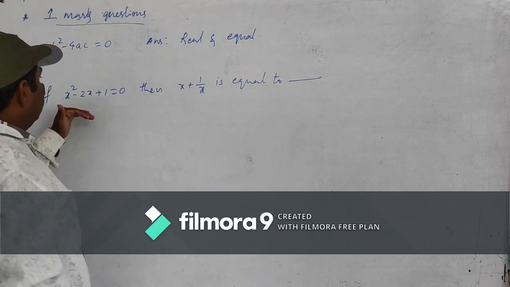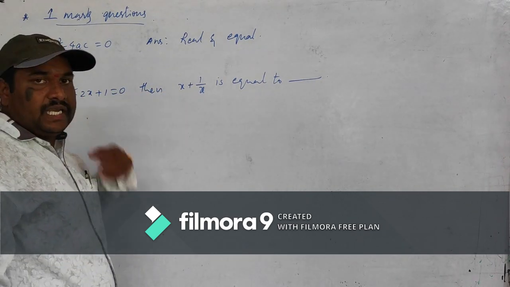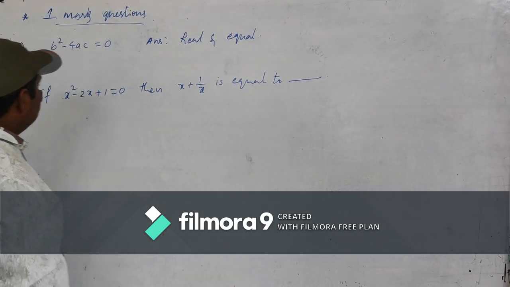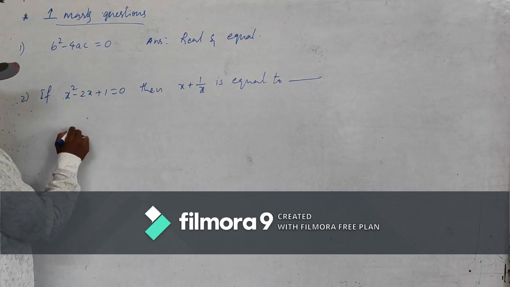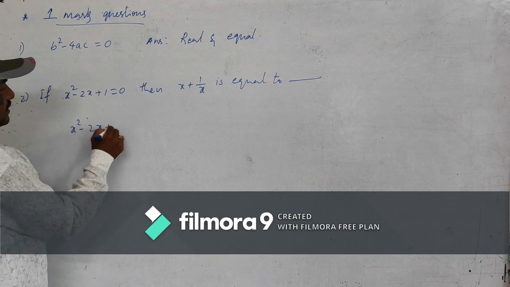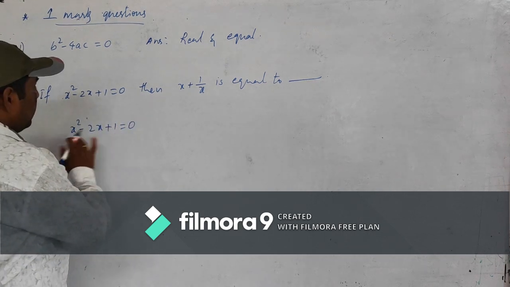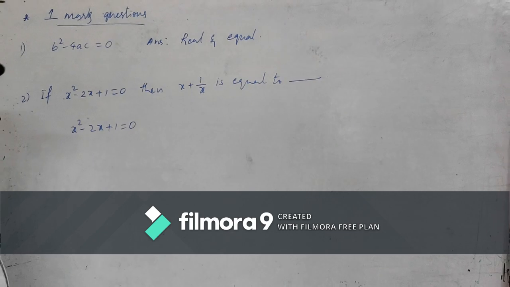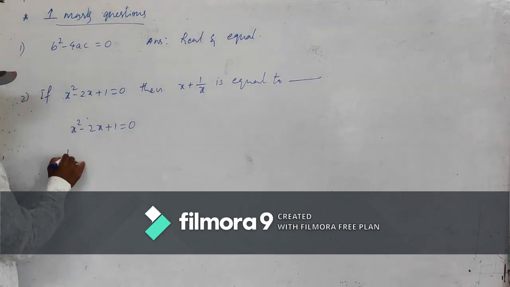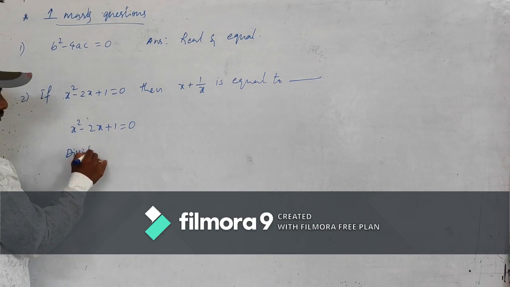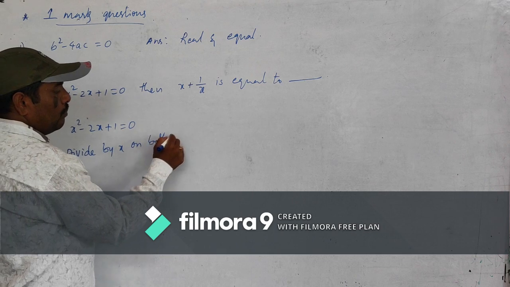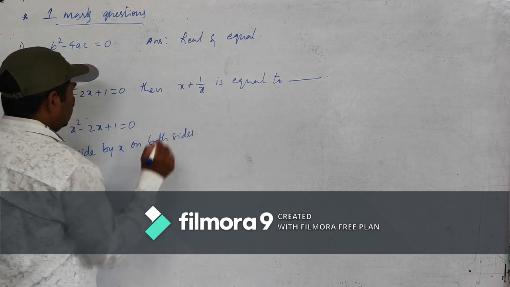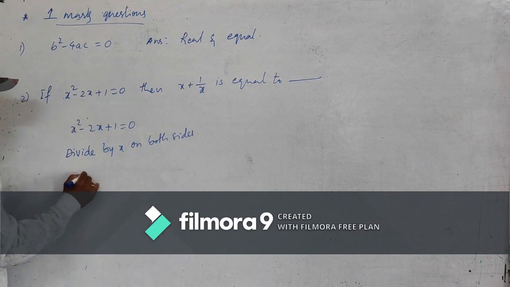Now, by this equation, you have to find the value of x plus 1 by x. The equation is x square minus 2x plus 1 equals to 0. To get this term, you have to divide by x on both sides.